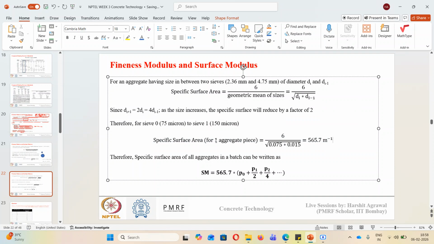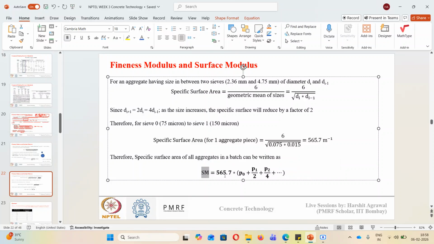If I know how many aggregates are there, I can calculate the specific surface area of all aggregates between 75 and 150. Similarly, if I know all aggregates between different sieve sizes, I can calculate the total surface modulus.